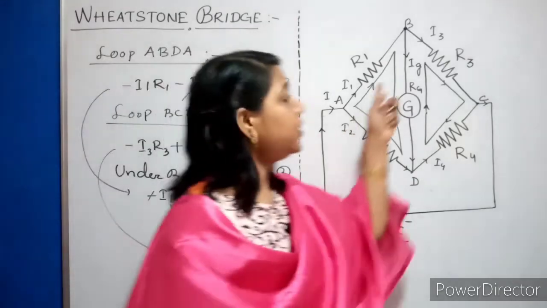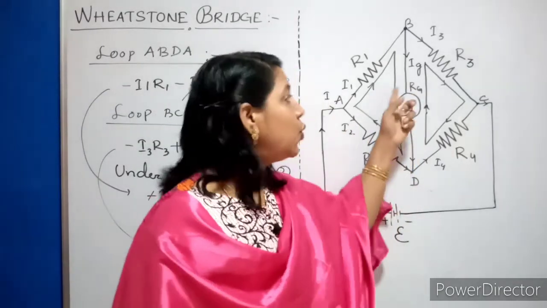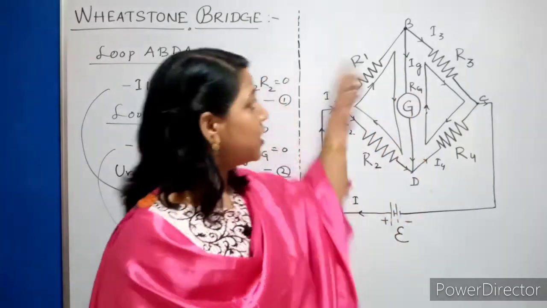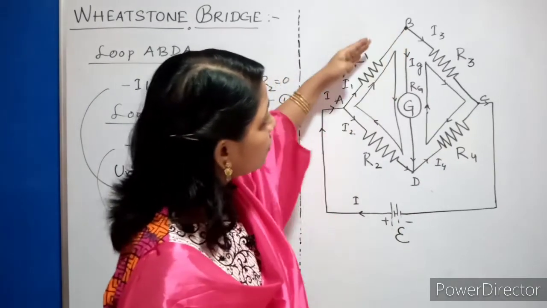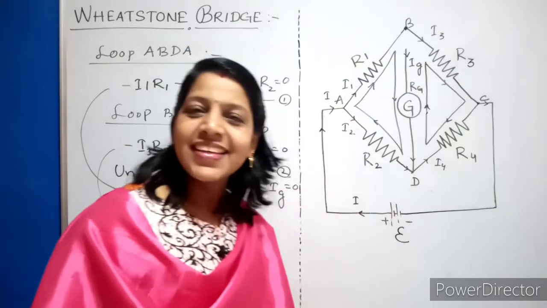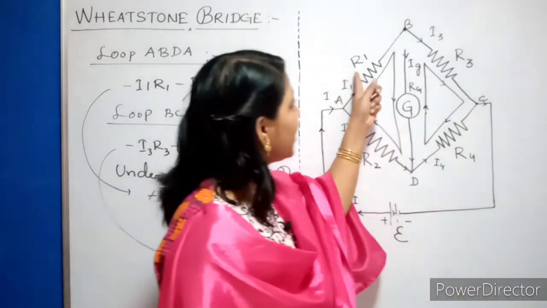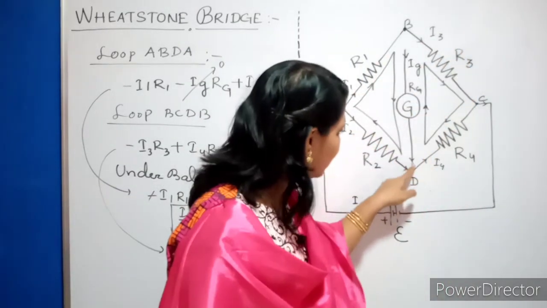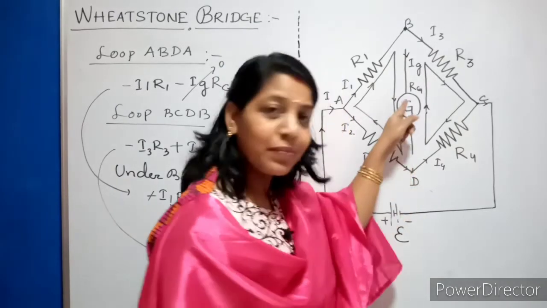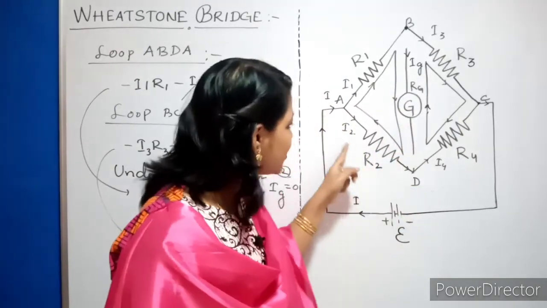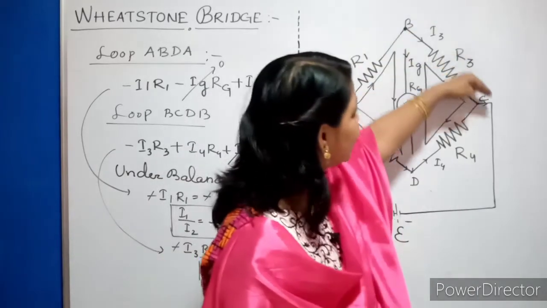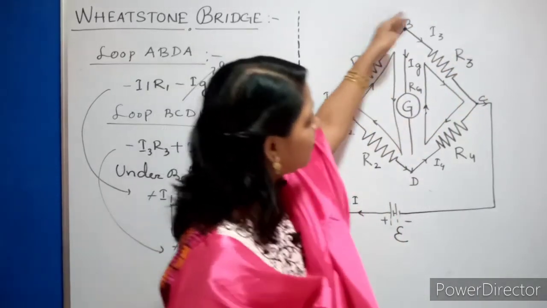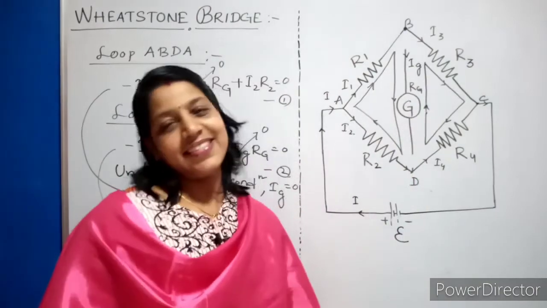Now see here, when your bridge is balanced, no current flows through the galvanometer. So you just imagine there is no current flowing. So now these two are connected in series. So what is your I1 current? That is I3. Similarly, no current flows through it under balance condition. So what is your I2? That is your I4. Am I right? Because now this is in series, which is A, B, B, C. They are connected in series.